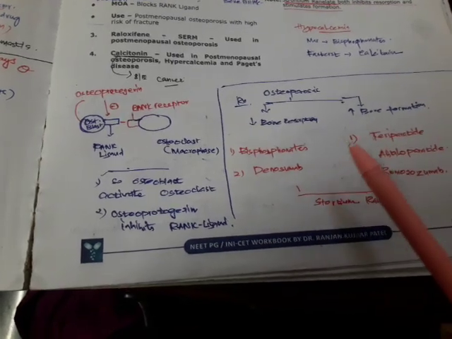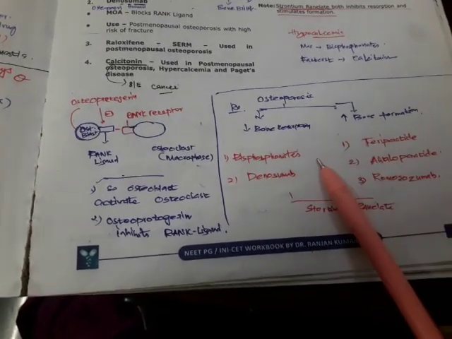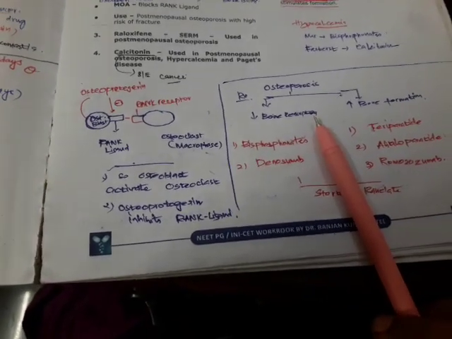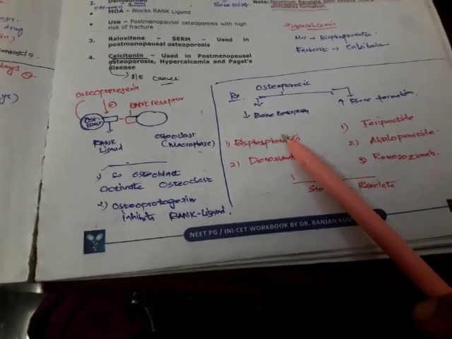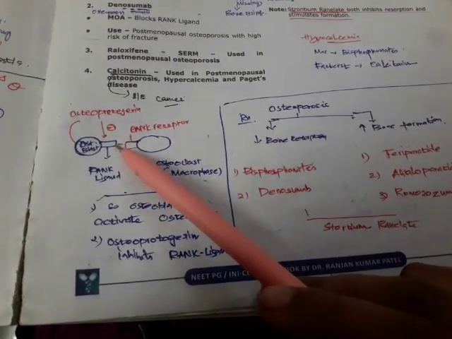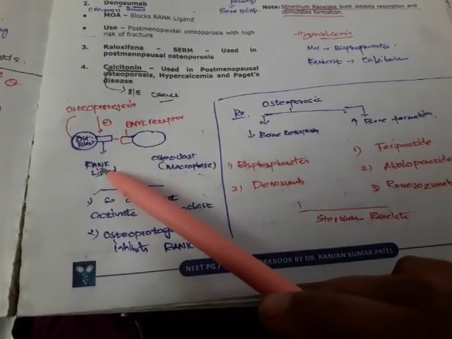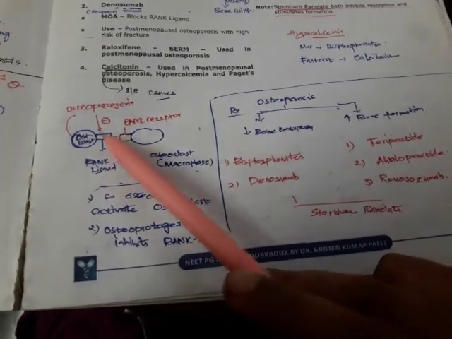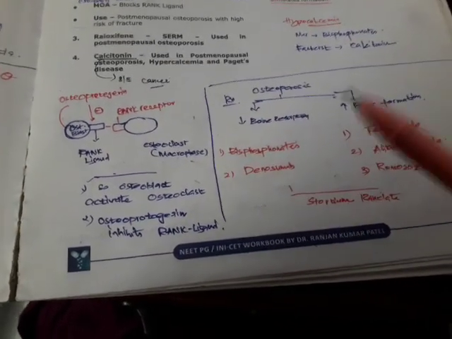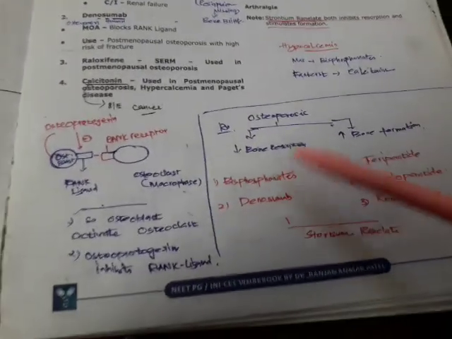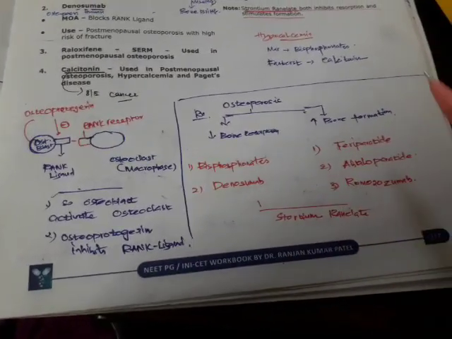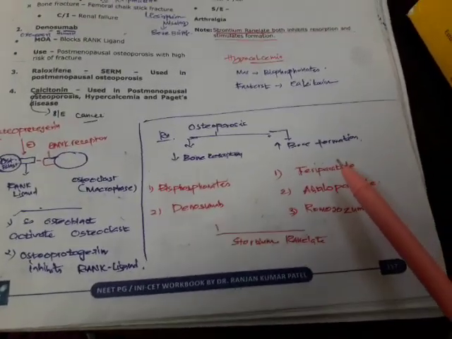Denosumab mainly inhibits this RANK ligand. So osteoblast won't activate osteoclast, and osteoclast doesn't have the work to destroy the bone, right?